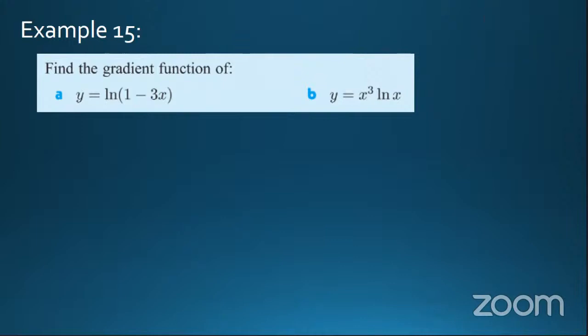Teacher, is the answer for B, the gradient function, x squared? Again? Okay, more? Yes, Haziq. What is it, Haziq? Teacher, I was wrong.